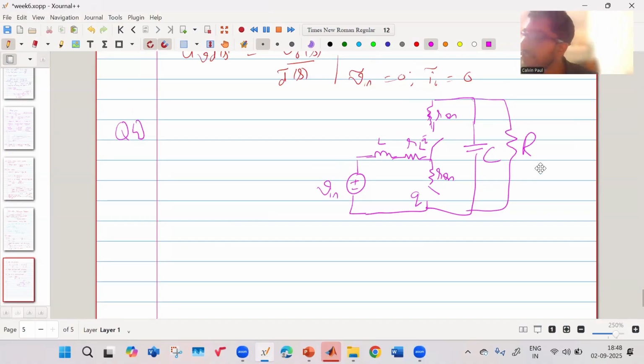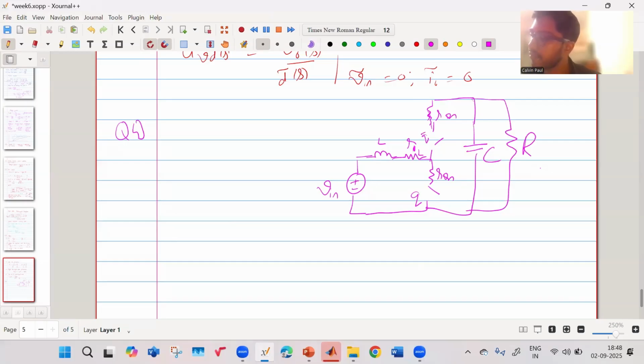Any queries in this? Your Q is your main gate signal, and your Q bar is the complementary one. For each switch, I have added an on resistance. And for the inductor DCR, I have added this RL. That is the DCR of your inductor.